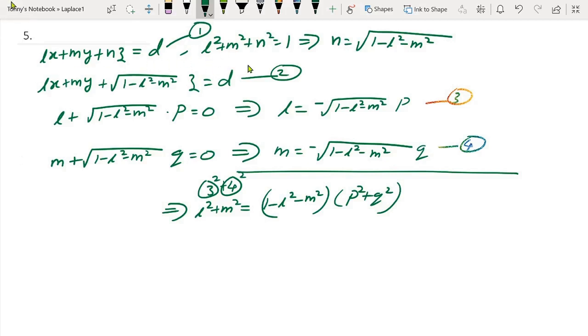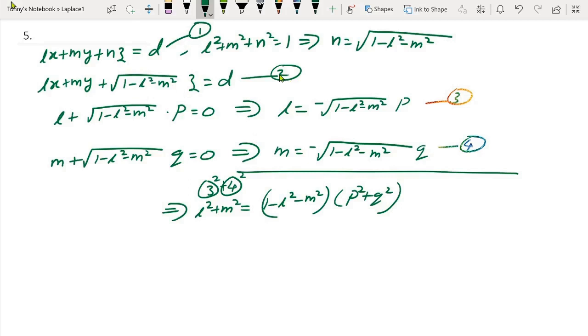So L, M, N satisfy this condition: L square plus M square plus N square equal to 1. And this equation implies N is equal to square root of 1 minus L square minus M square. So we substitute N equal to this quantity in 1, then 1 becomes Lx plus My plus square root of 1 minus L square minus M square into Z equal to d.